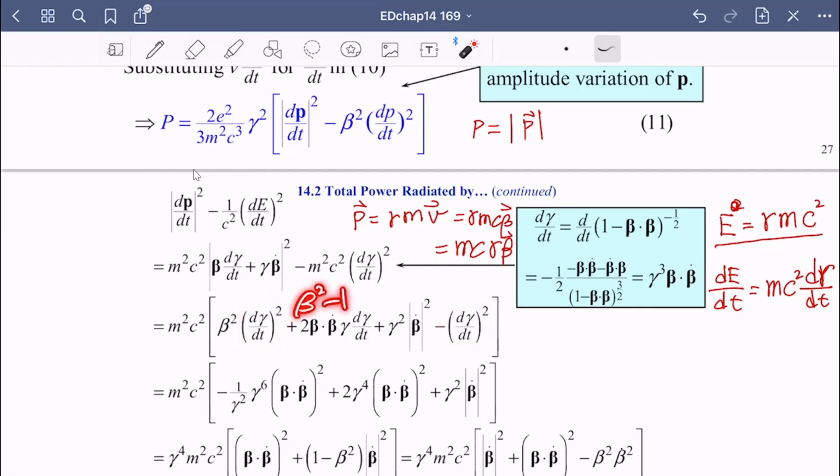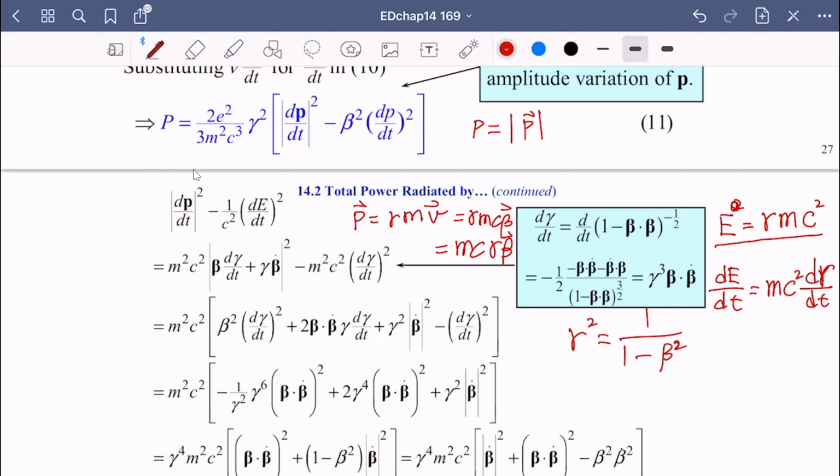So it's beta squared minus 1. Therefore, 1 minus beta squared gamma squared. Okay. Sorry. Let me write it again. Gamma squared equals 1 minus beta squared, right?